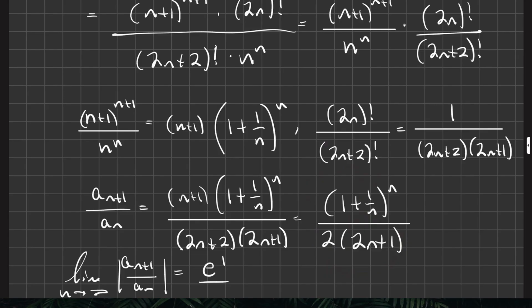But so we have e, and our denominator goes to infinity, right? 2 times 2n plus 1 will just go to infinity. e is a constant, so this whole thing just goes to 0, which is less than 1. So our series is absolutely convergent by the ratio test.